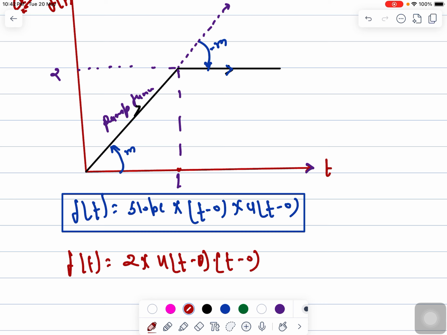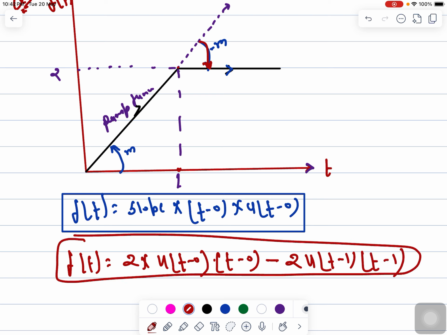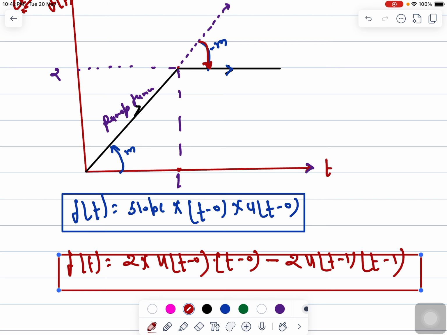And now it should go like that, but again you are giving a negative ramp input of magnitude minus m. So now you can write minus 2 into u(t minus 1), at t equals 1, into (t minus 1). So this will be your correct answer for the ramp input kind of function. Is that clear?